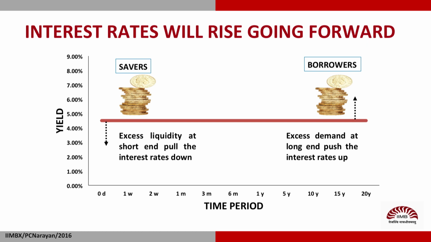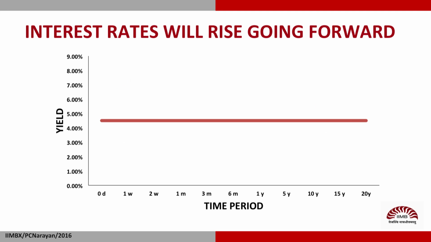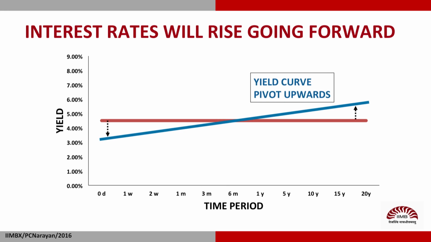What this means is everybody who issues debt securities or everyone who wants to take a loan will go for the long term. What does this do? The demand for funds at the longer end of the yield curve will go up. Therefore, the yield curve will pivot upwards at the longer end. What was a flat yield curve would suddenly, as you can see in that graph, become upward sloping.